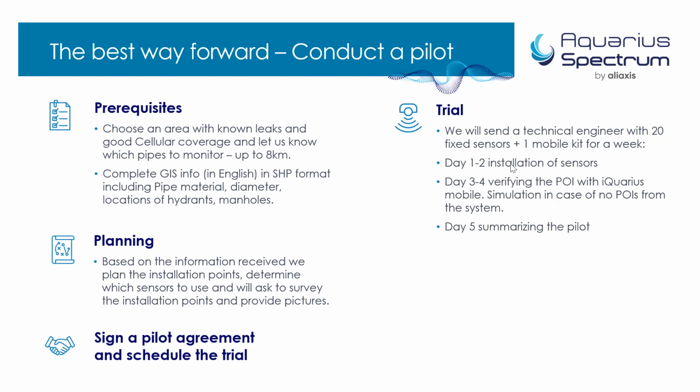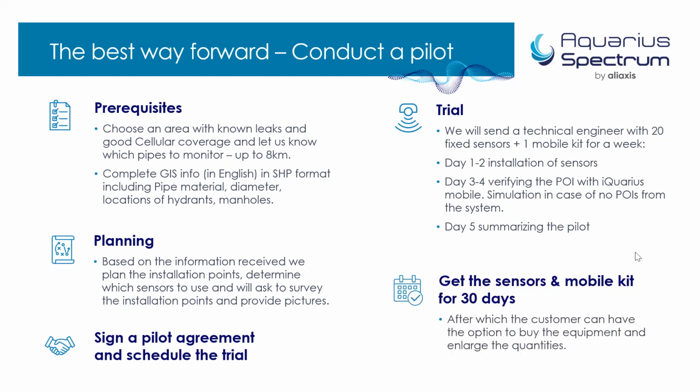Couple of days to install the sensors, and then we let the analysis engine run, basically, and find points of interest. And we summarize the pilot after the end of the first week engagement. And then we leave the sensors typically 30 days. It can be a little bit above as well. So our customers, our prospects can see the value and find leaks.